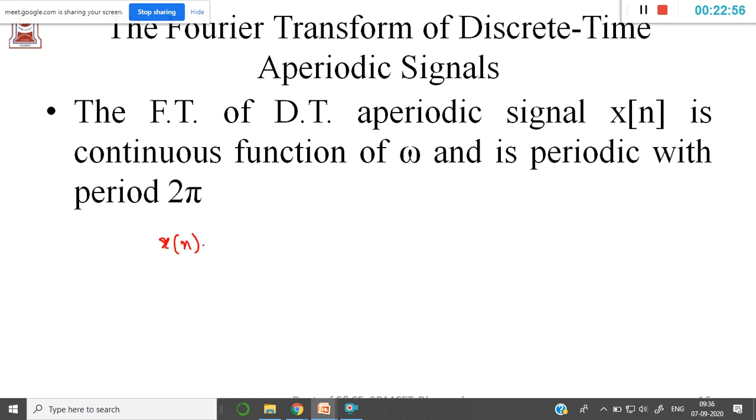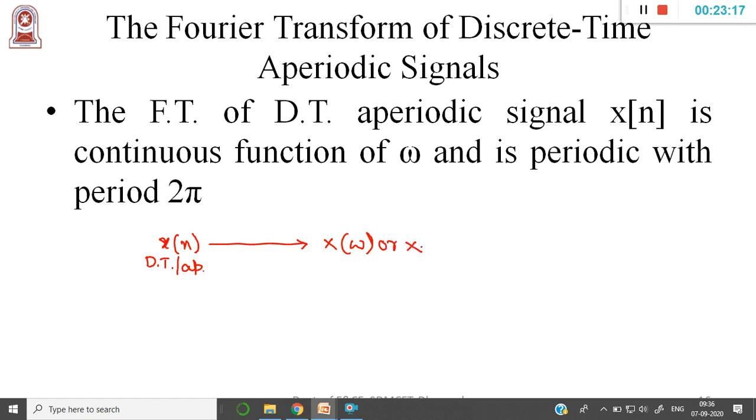Let me consider an x of n signal, a discrete time, periodic signal. When I go for the frequency domain, usually it is x of omega, or sometimes we also represent this as x of e to the power of j omega. Both are correct, guys. Both representations are perfectly okay.